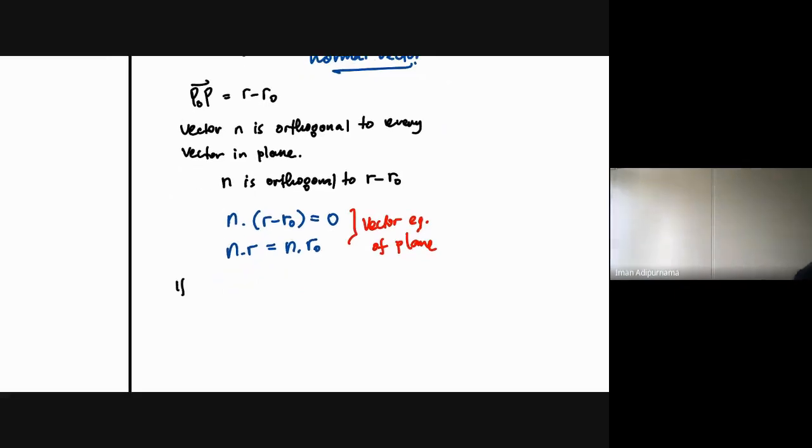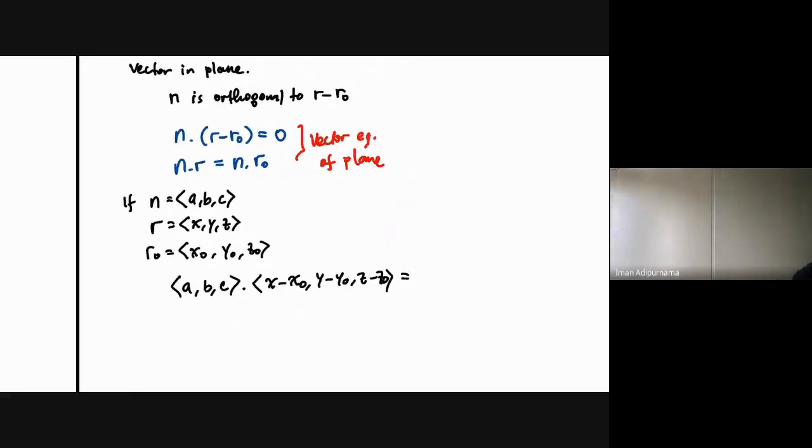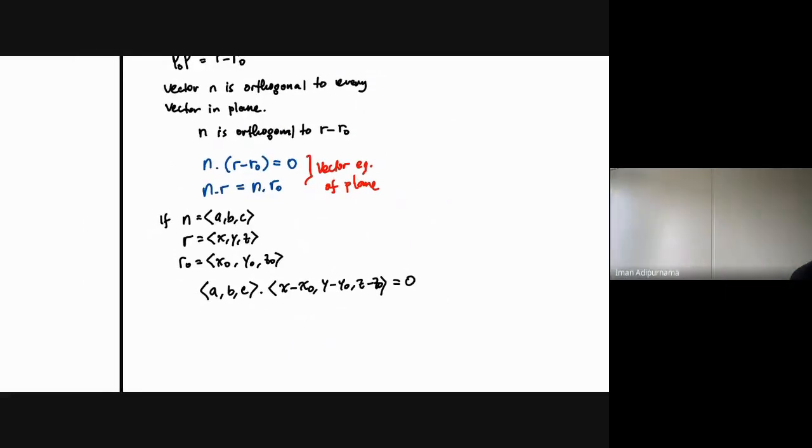So if we have n with components A, B, C, and R with x, y, z, and R0 with x0, y0, z0, then the dot product of (A, B, C) with (x minus x0, y minus y0, z minus z0) results in 0.